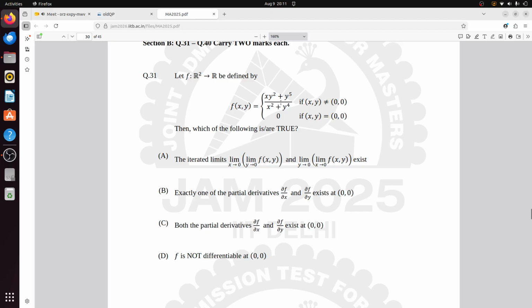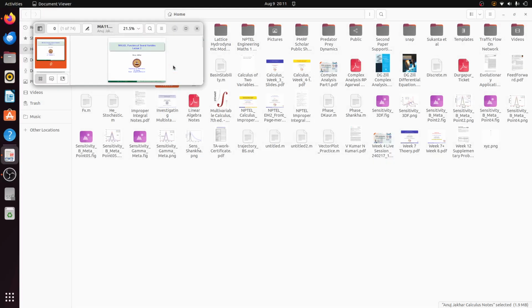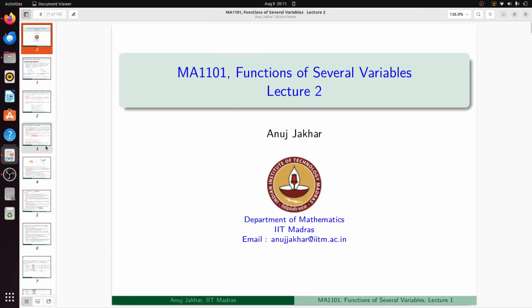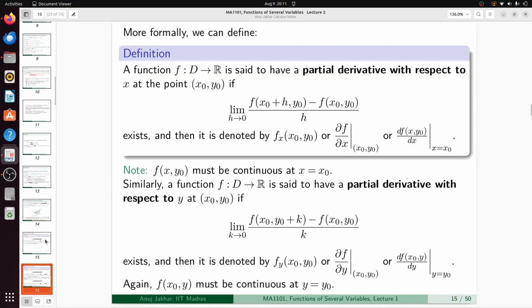So f of hk minus f00, you can write it using that, right? Could it be expressed in that format?